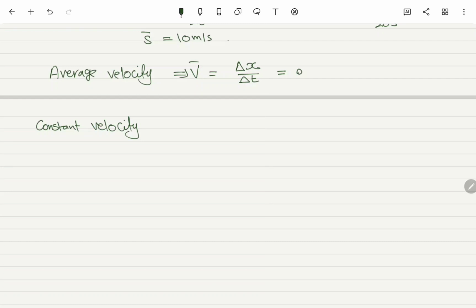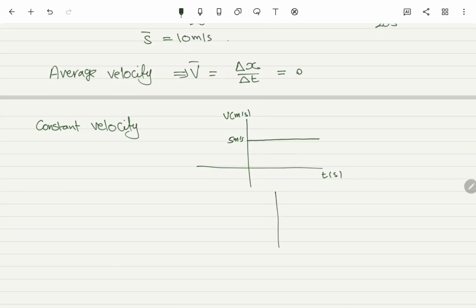As an example, if this is v in meters per second and this is t in seconds, constant means if this is 5 meters per second, this is constant velocity. At t equal 1, it's 5, t equal 2, it's 5, t equal 10, it's also 5 meters per second. This is an example of constant velocity in the vt scale.